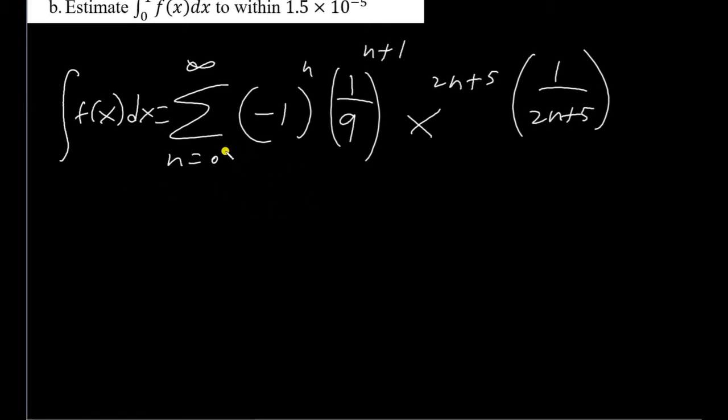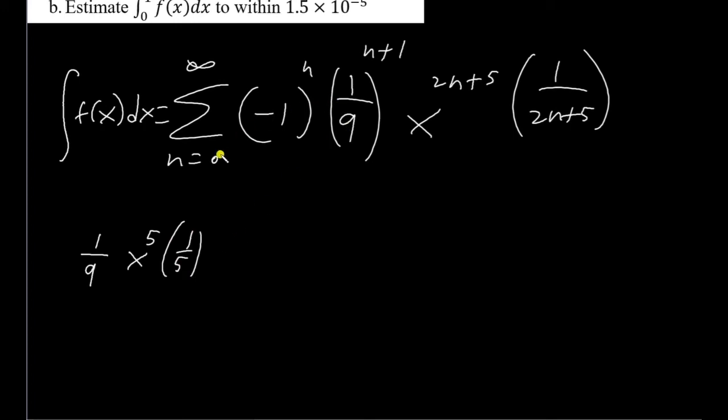Okay, so first let's plug in n equals 0. Plug in n equals 0, we're going to get negative 1 to the 0, 1 over 9 to the 0 plus 1, so we'll have 1 over 9, and then x to the 0 plus 5, so x to the fifth, and then 1 over 2 times 0 plus 5, so that's times 1 over 5.